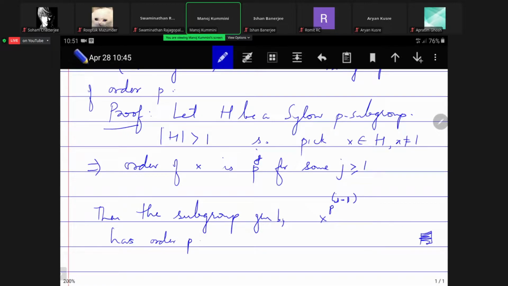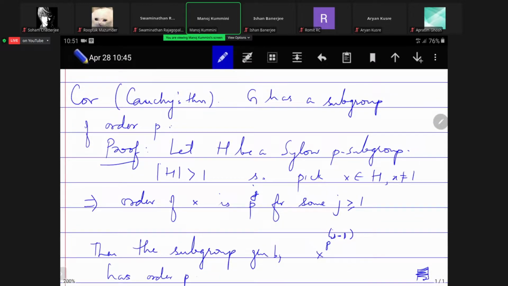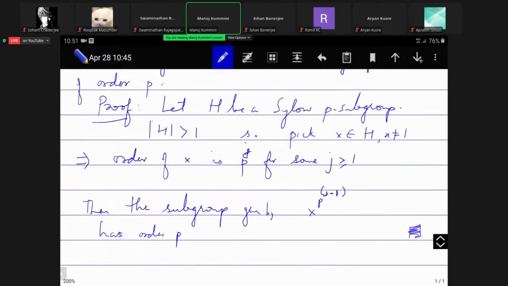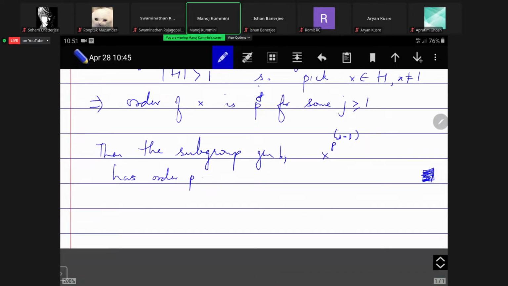So one can derive this theorem as a consequence of Sylow's first theorem, or as we did earlier, we could prove it directly. But in any case, both of these proofs use some idea of group actions. Once we understand group actions, neither proof is particularly difficult.